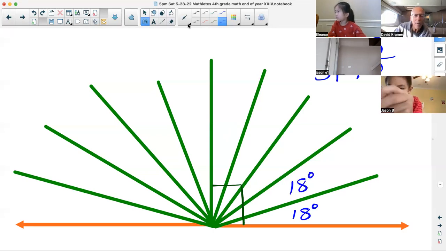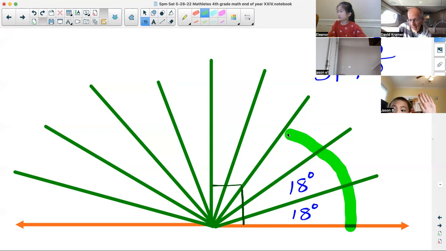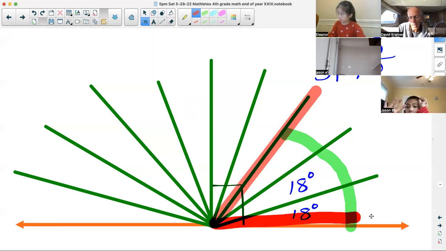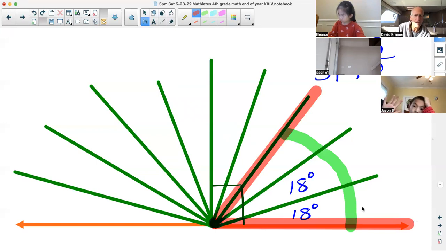So now I want to ask you the question, how many degrees is that angle right there? It's the angle made by that line and that line. What do you think that degree measurement is? This is like making your own protractor.